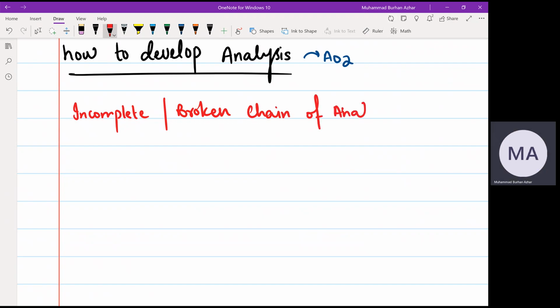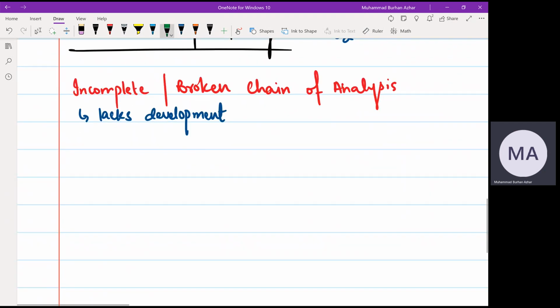Chain of analysis. What that essentially means is कि इस case में your analysis lacks development. Let's have an example. कि मैंने अगर एक point explain करना है, pros and cons, एक advantage explain करना है of a sole trader.